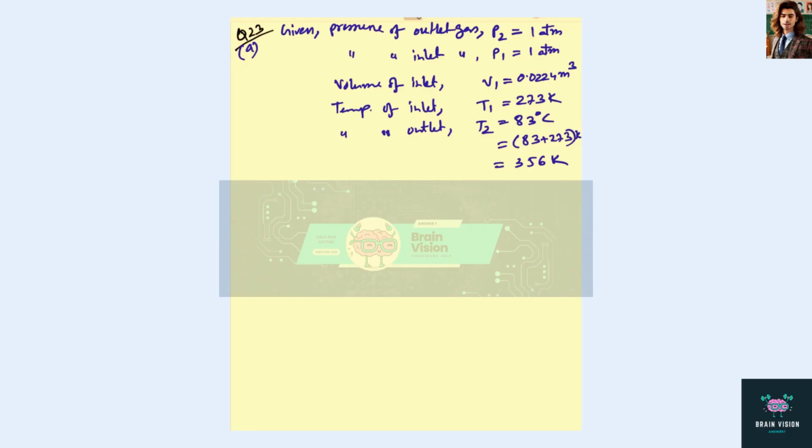Now, if we consider the ideal gas equation, then the volume of the outlet, V2, is equal to P1 V1 T2 divided by P2 T1. Let's insert all these values.